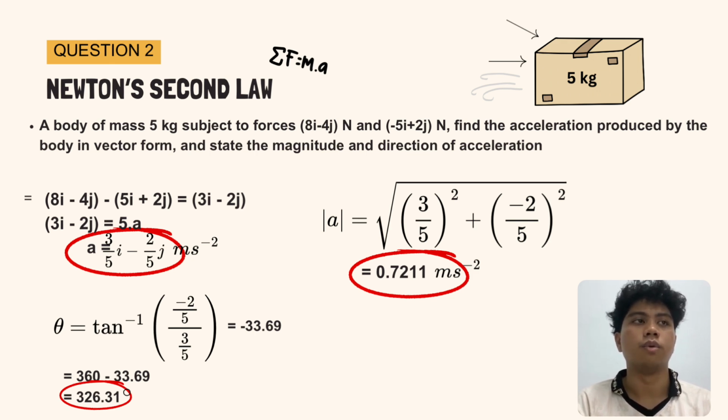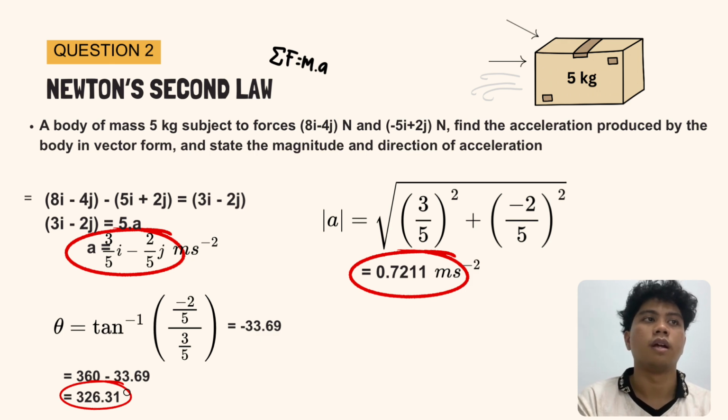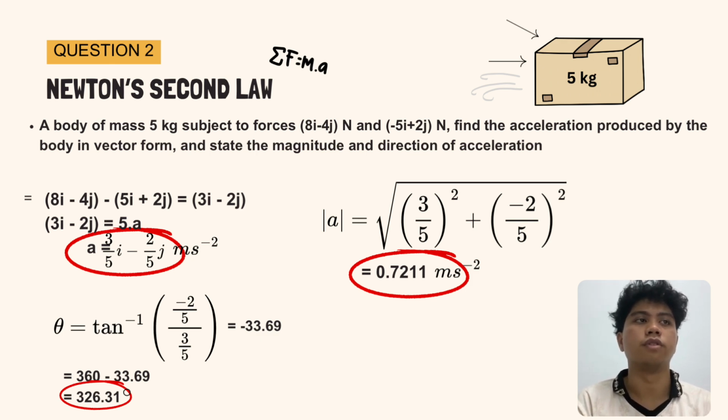And then we will substitute both the net force and the mass into Newton's second law, and rearrange the formula so that we can get our value of acceleration, which is 3 over 5 i minus 2 over 5 j meter per second squared.